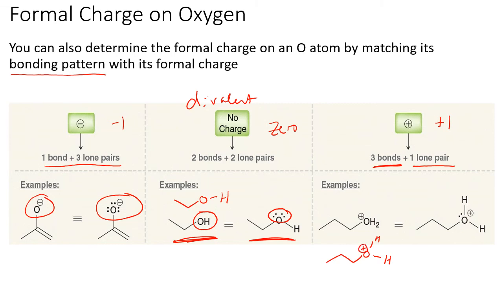What's not being shown on the structure on the left-hand side is that single lone pair on oxygen. But what is always shown is that +1 formal charge right next to the oxygen when it's following this bonding pattern. An example of this would be the hydronium ion, where oxygen is bonded to 3 hydrogens, and we saw that hydronium had a +1 formal charge. Well, that +1 charge is really on the oxygen.